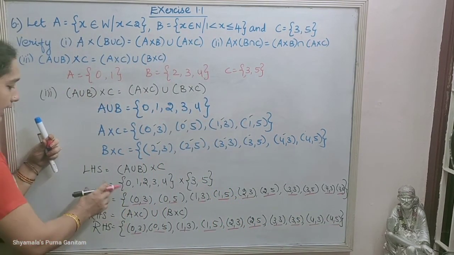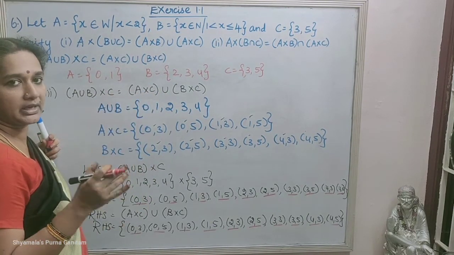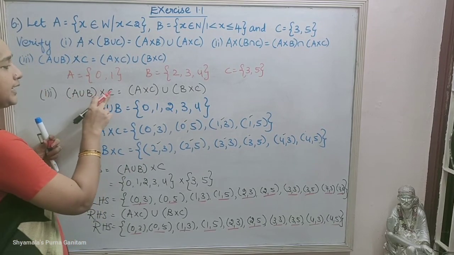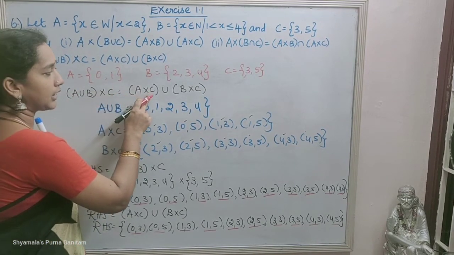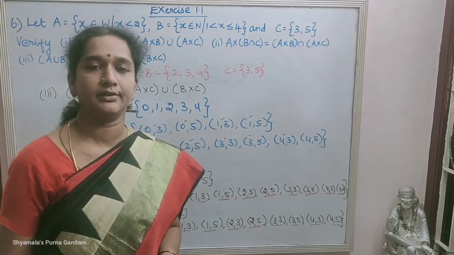So we have checked LHS and RHS values. So what they asked us to verify is true, that is (A union B) cross C is equal to (A cross C) union (B cross C). This one we have verified.